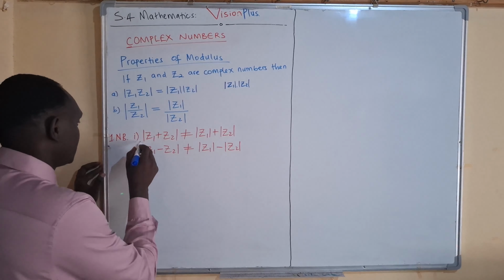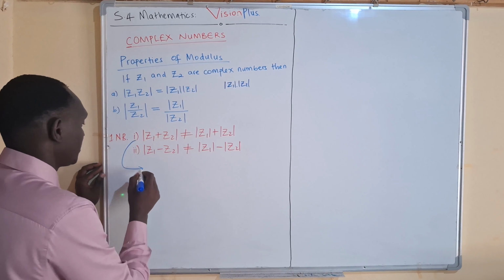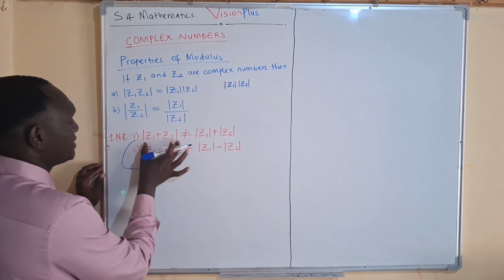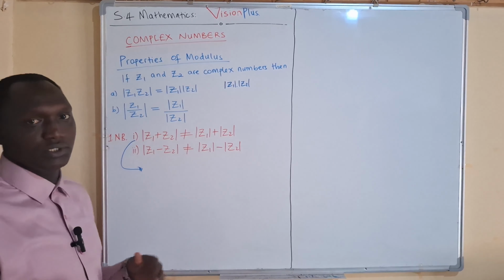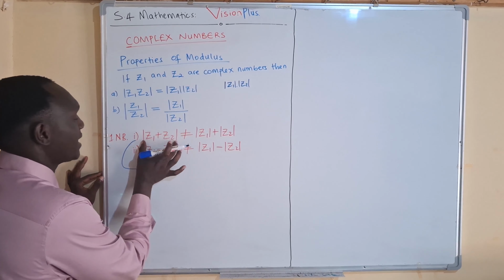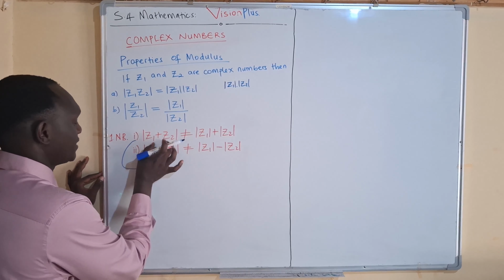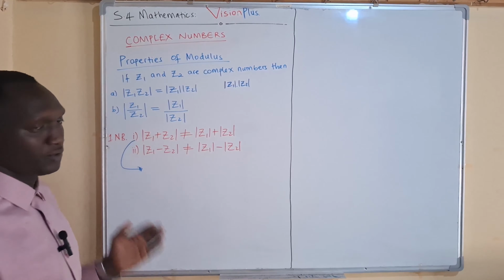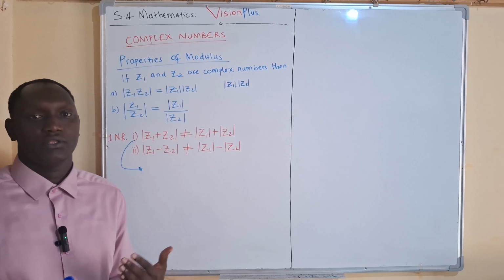Let me simplify it. For the first part, Roman 1, this is the mathematical representation, but let me convert it into statements. This is the magnitude of the sum, or the modulus of the sum. Remember, modulus is the same as magnitude, the size or the length.